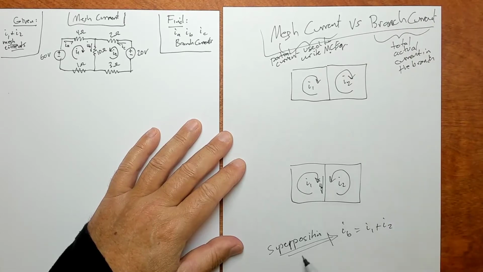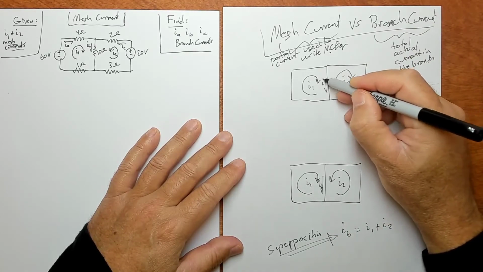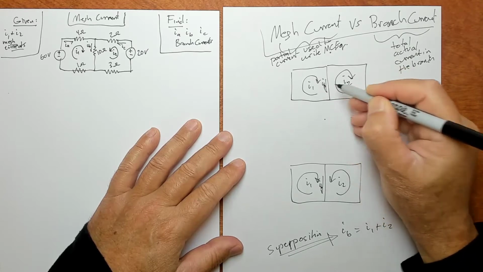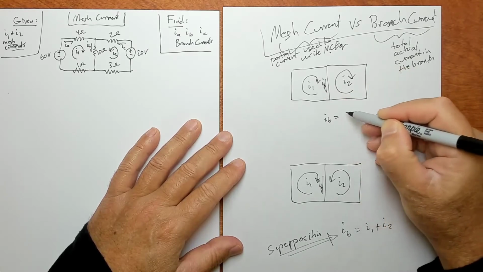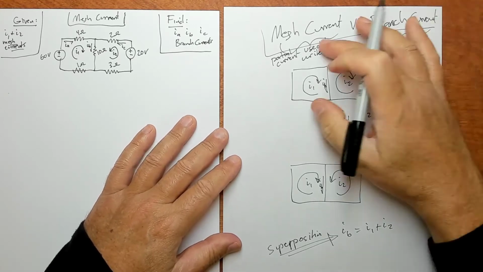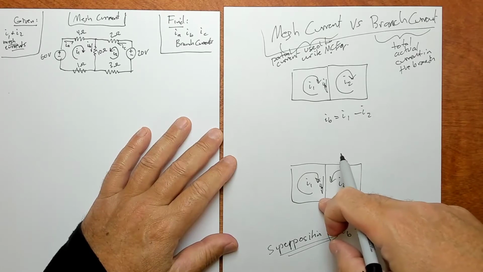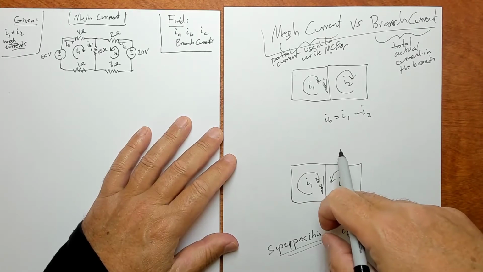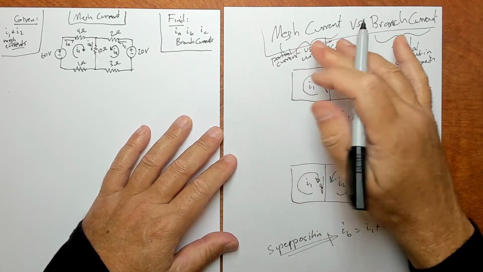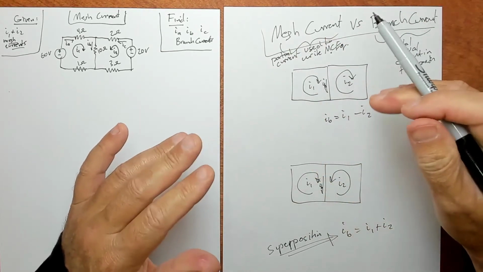Okay? So if they were going the same way, you'd add them, and here they're disagreeing. So here, if this is I1 or B, let's call it IB. IB is going to be I1 minus I2, right? So this is mesh current versus branch current. Branch current is the total current, the actual current that's going through there. But the method that we use, the mesh current method, uses these partial currents called mesh currents, and we add them together.